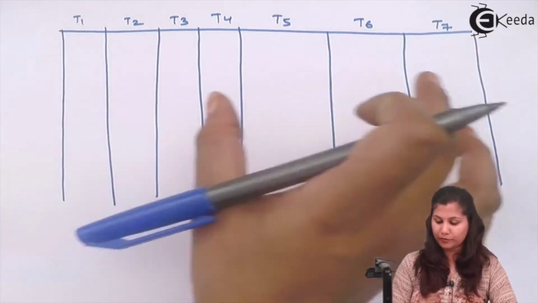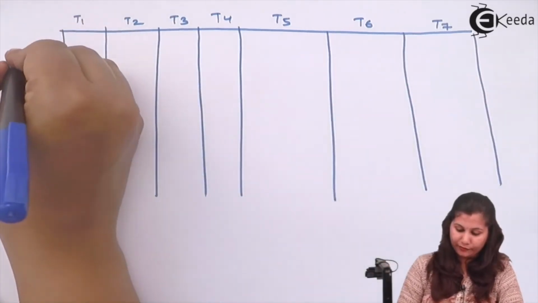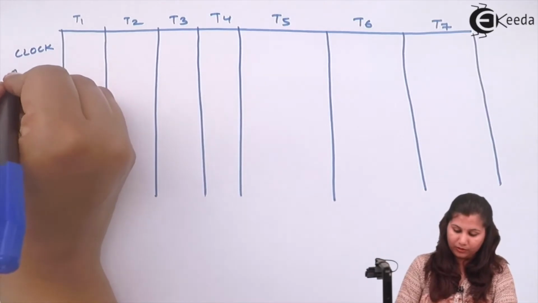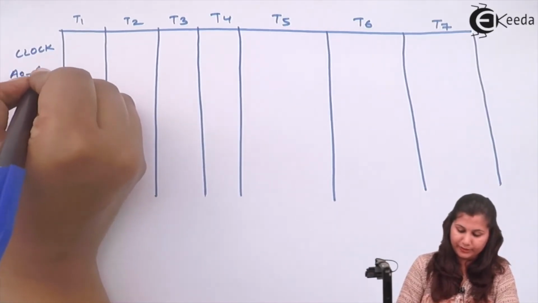These T states should be of equal duration. Here we are going to draw all the signals: the clock, and then the higher order address bus.